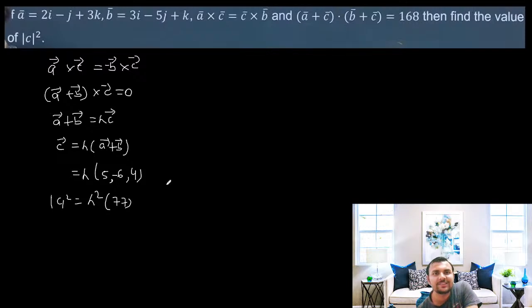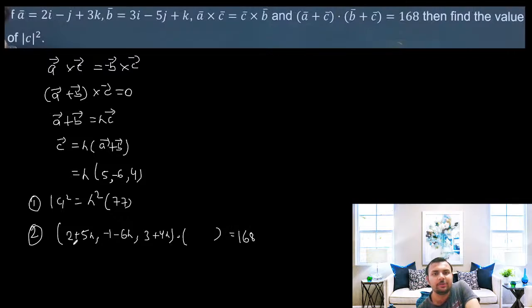So from A plus C we can find, A plus C is 2 plus 5 lambda, minus 1 minus 6 lambda, 3 plus 4 lambda, into B plus C. Without doing this it is going to be difficult, so we won't be following this way.